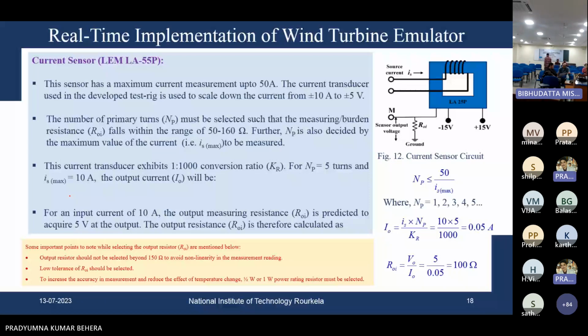The number of primary turns must be selected such that the measuring burden resistance RM falls within the range of 50 to 160 ohm.